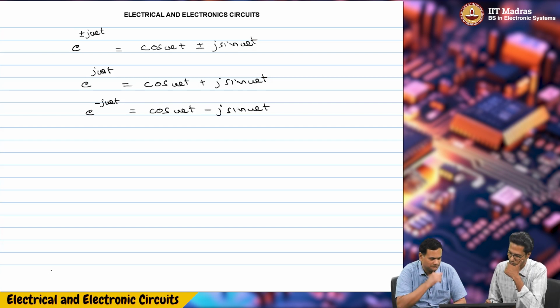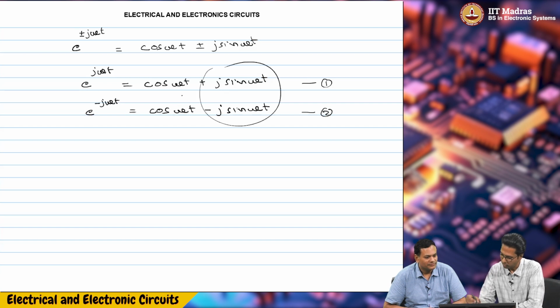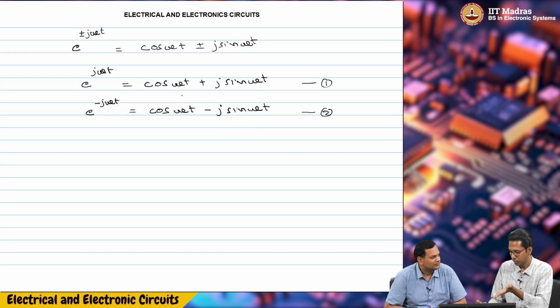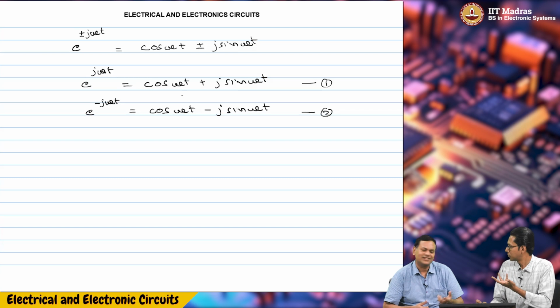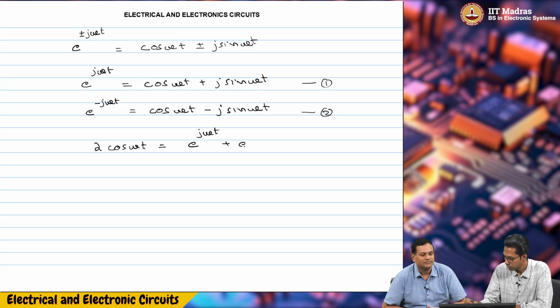Let's call these 1 and 2. If I do 1 plus 2, the sine terms go away. So 2 cos omega t is equal to e power j omega t plus e power minus j omega t.